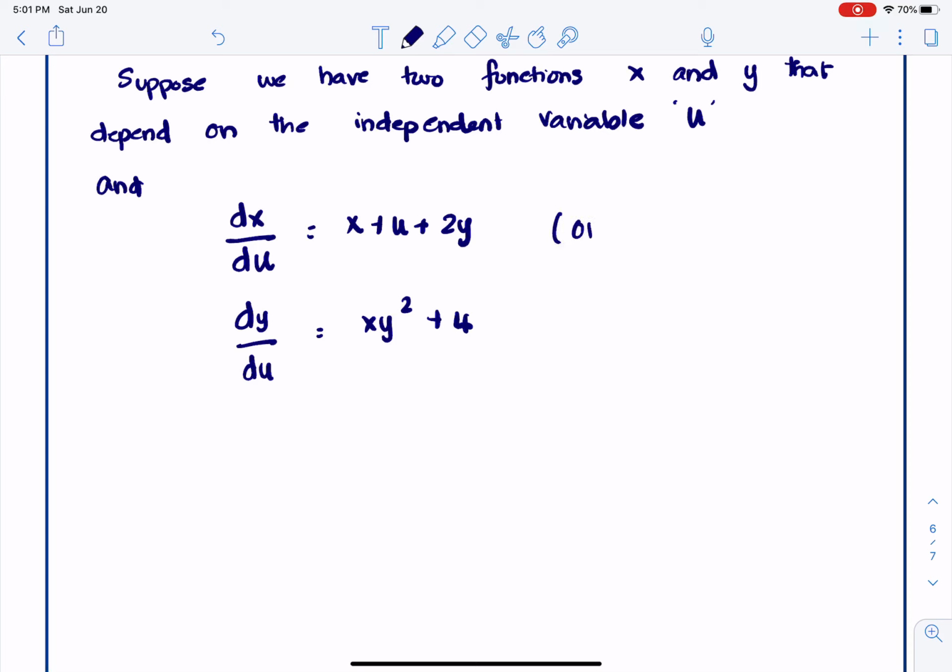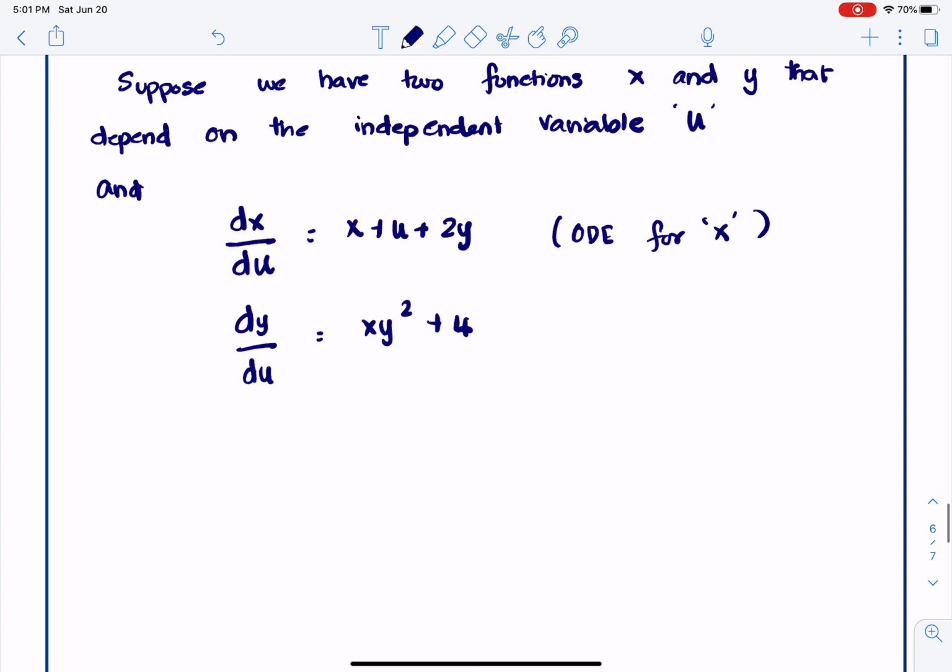So this is an ODE for x, and this is an ODE for y. And we would like to find a solution that would satisfy both of these equations, and that particular solution would be the solution to the system of the two equations. So this is what we call a system of differential equations.